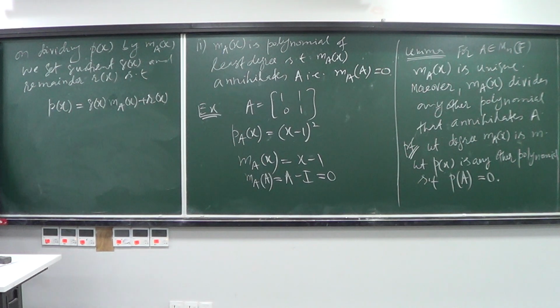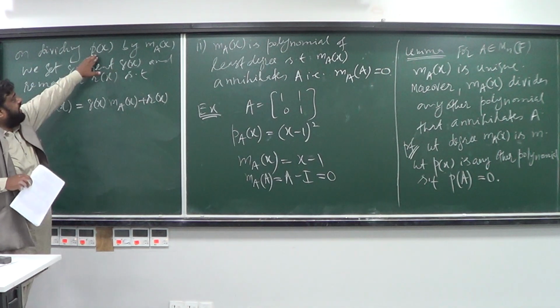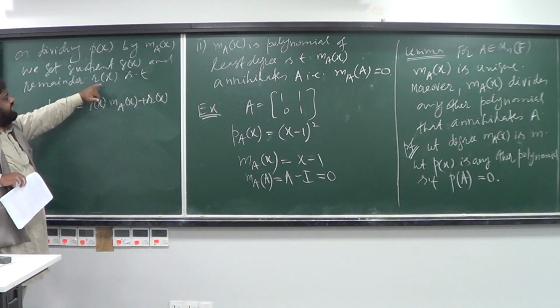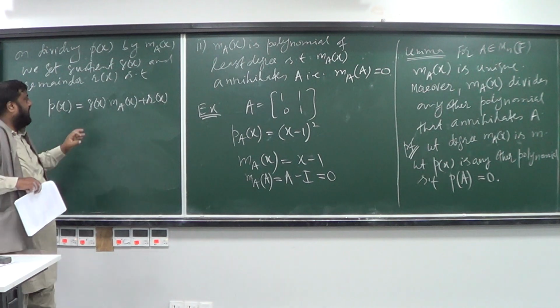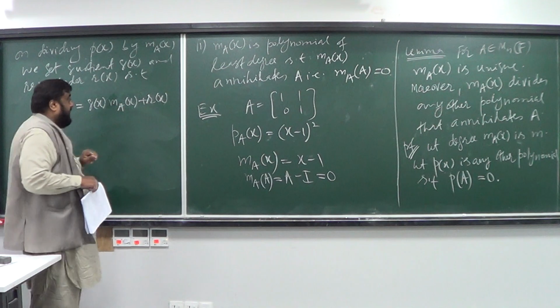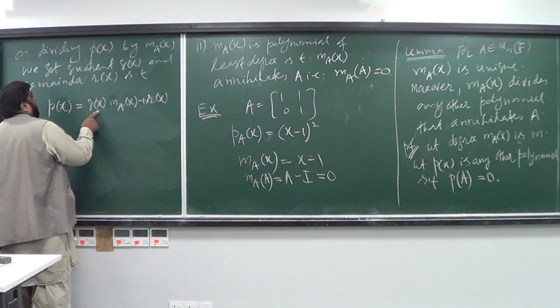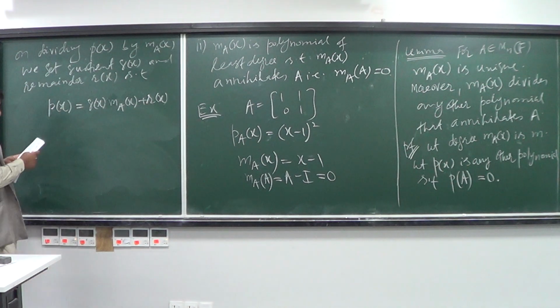In other words, this is the remainder theorem. When you divide P of x by MA of x, you get a quotient and a remainder such that P of x can be written in terms of Q of x and R of x in this manner. Divisor multiplied by quotient plus remainder returns the P of x.